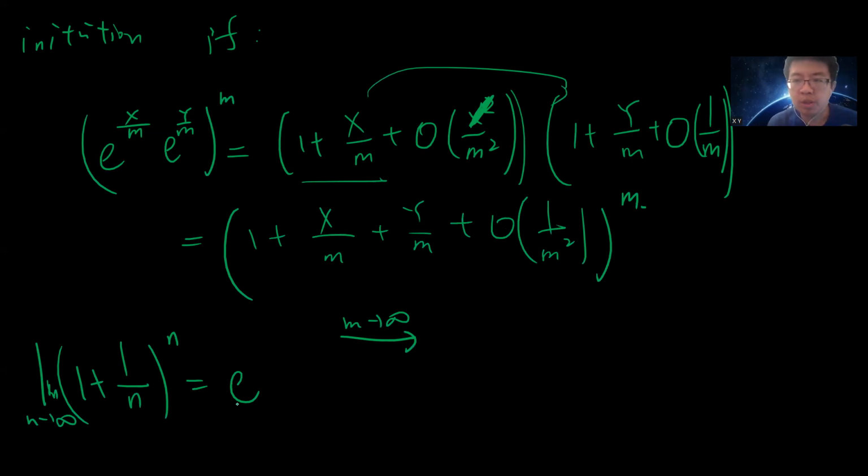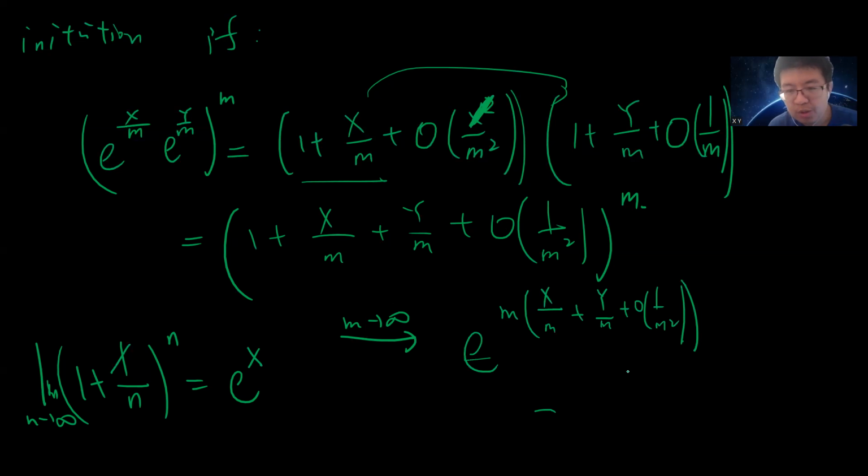The matrix exponential is also defined to be the Taylor expansion for matrices, so you just plug in the summation of 1 over n factorial A to the n. When m goes to infinity, you get an exponential. For example, if you plug in x here, you get this, and since this is x plus y, as m goes to infinity this will give you exponential of x plus y.